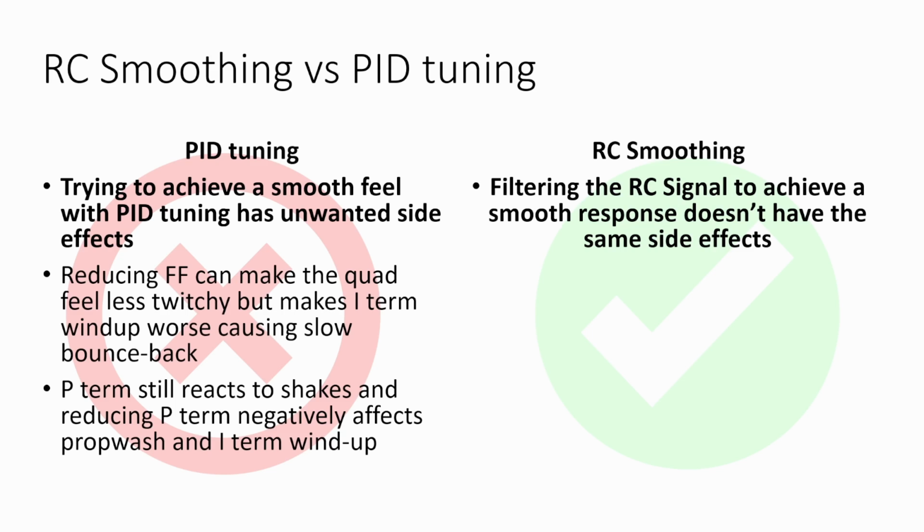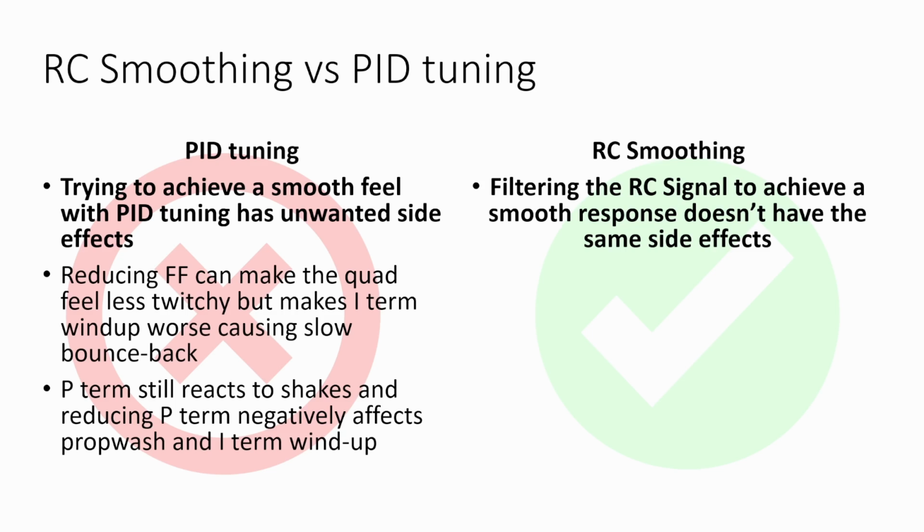So one way in which you can make a quad feel smoother is to reduce feed forward, because feed forward can make the quad feel a little bit twitchy because it really kicks the quad into any stick movements that you make. However, if you reduce feed forward, it will make the quad feel less twitchy, but it will also make the set point tracking worse. And that's going to cause issues with things like I-term windup, which is going to give you potentially slow bounce back on fast moves.